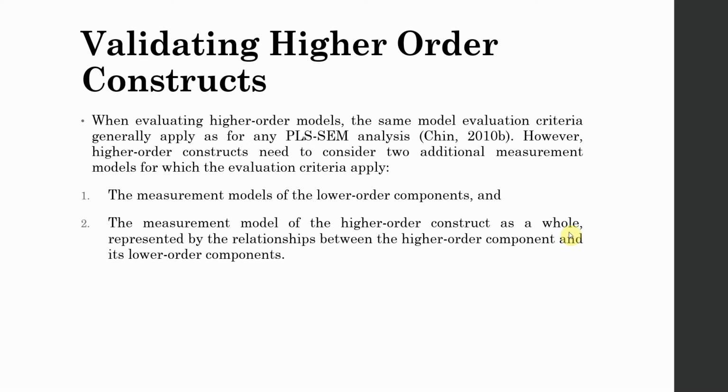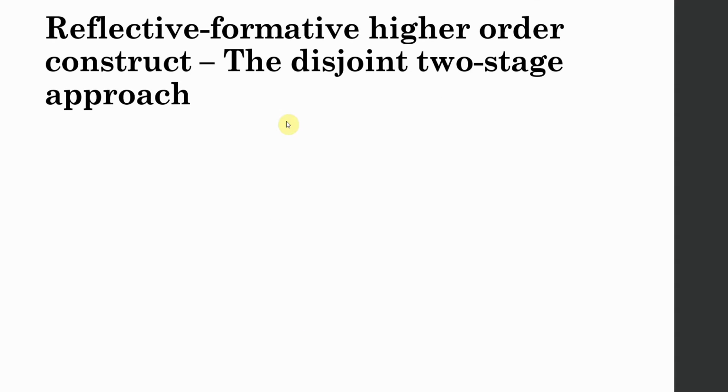Now next thing is you get your higher order constructs just the way we developed it. Now you're going to get the latent variable scores and add them to your project and then create a construct at a higher level based on the latent variable scores for the lower order constructs. Reflective formative higher order construct, the disjoint two-stage approach.